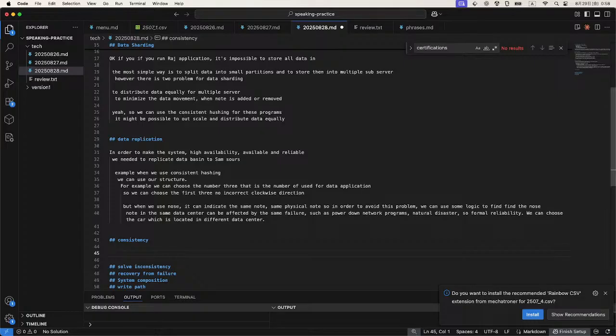So let's define the variable N. N is the number of replicated data.